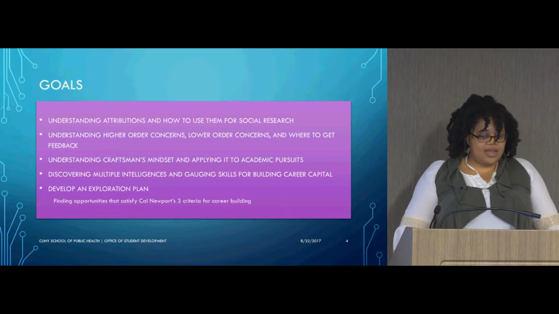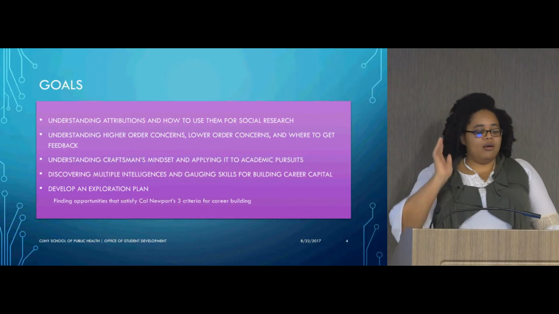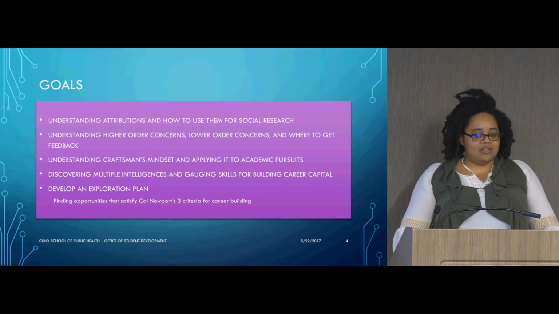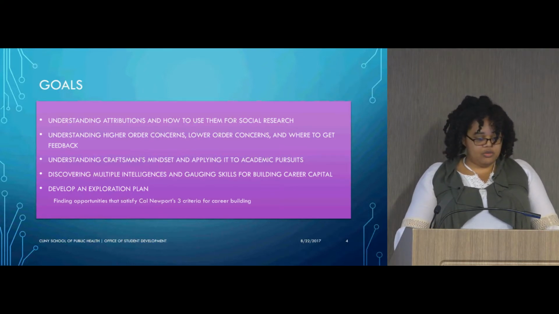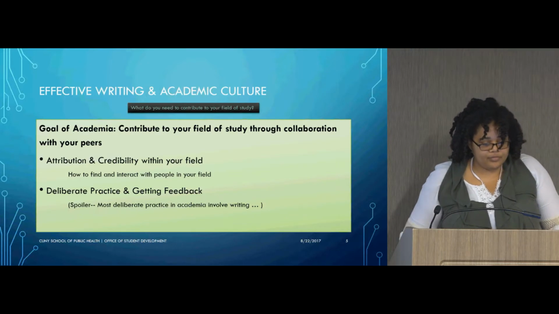So some goals for tonight: understanding attributions and how to use them for social research, understanding higher order concerns, lower order concerns, and where to get feedback, understanding craftsmanship mindset and applying it to academic pursuits, discovering multiple intelligences, engaging skills for building career capital, and developing an exploration plan, which includes finding opportunities that satisfy Cal Newport's 3 criteria for career building. So we'll be going over that last.